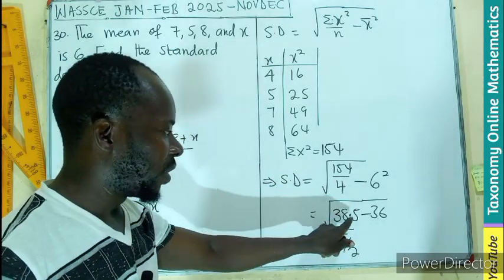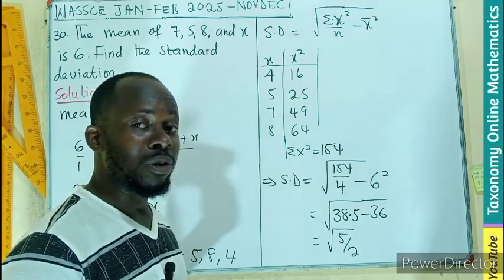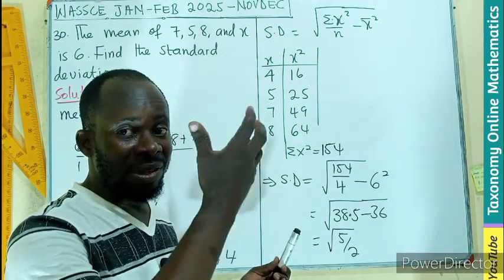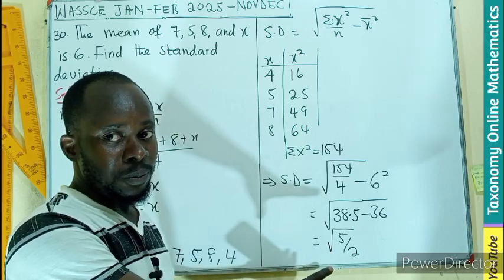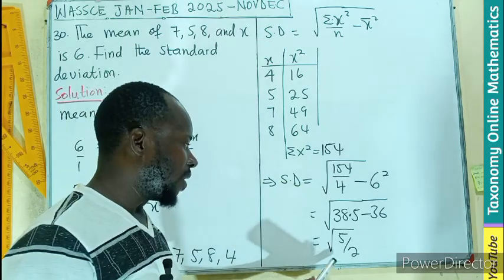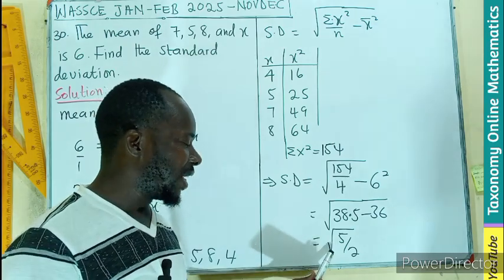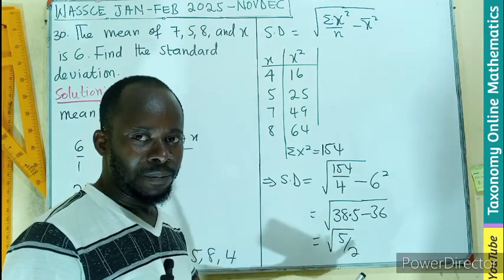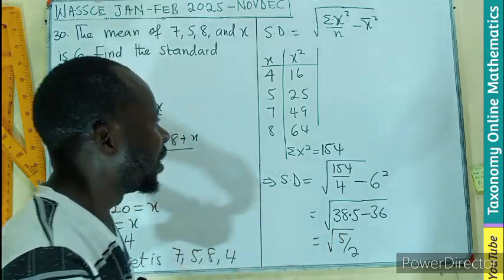That will be 2.5. You can see the difference is 2.5. But I'm leaving it in this form because of how the question presents the options. The options are left in this form without finding the root of the value, right? So we can go further and find the square root of 2.5 and get our answer in decimal, but the options are left in this form.